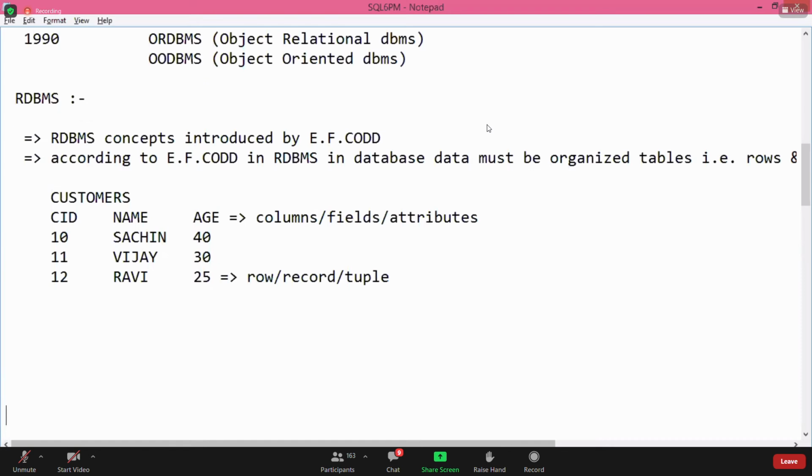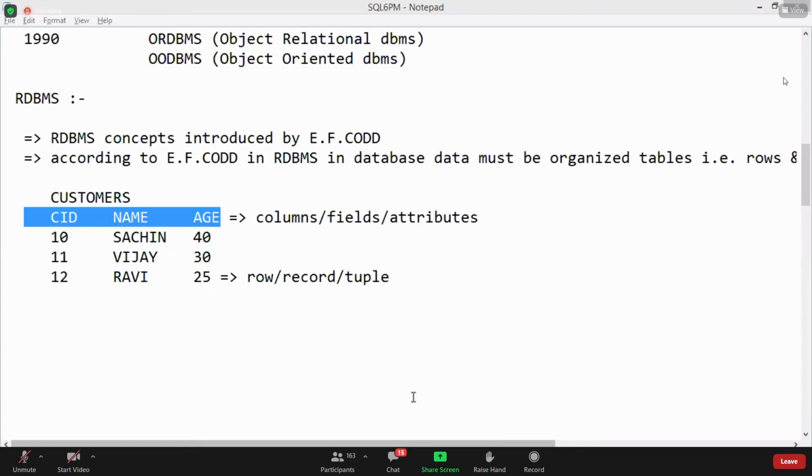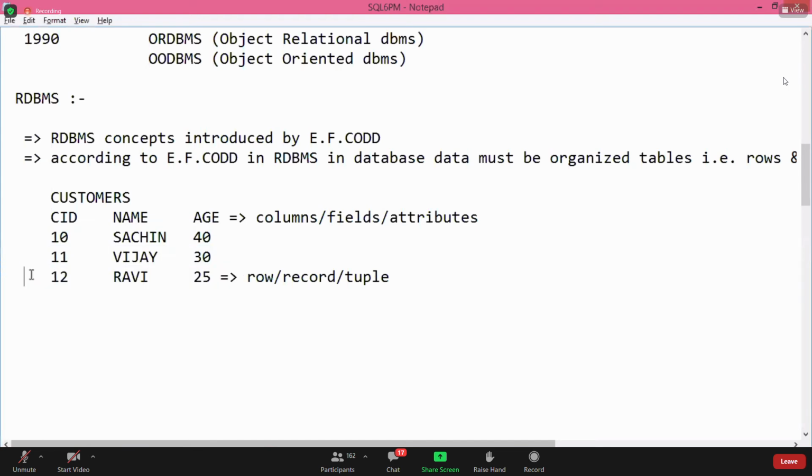In this table, how many rows are there? Three rows. Don't say four. The first one is not a row; it contains the column names. This is one row, this is one row, this is one row.